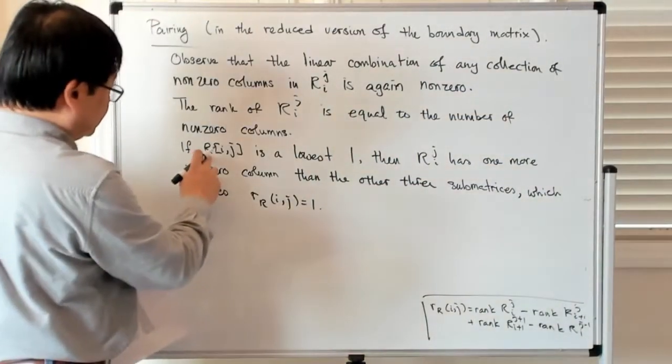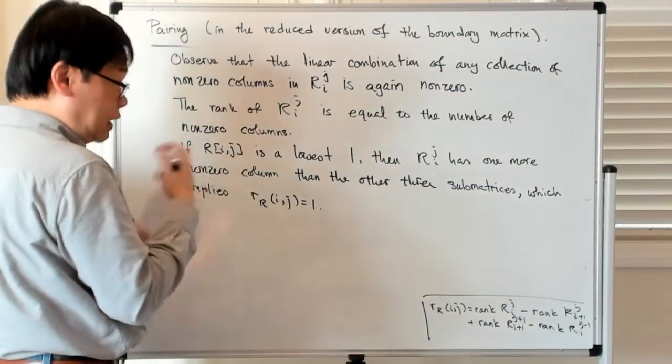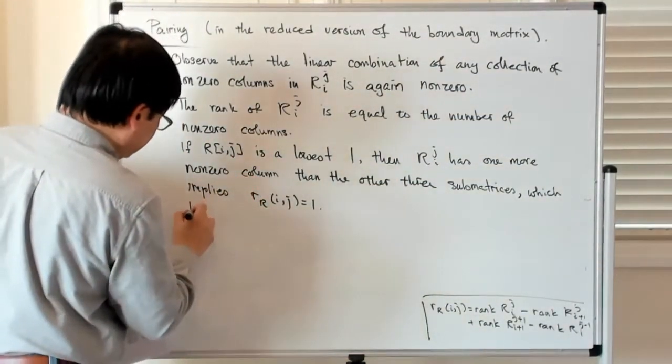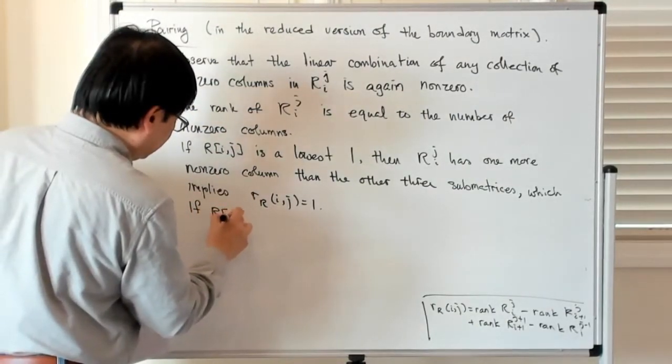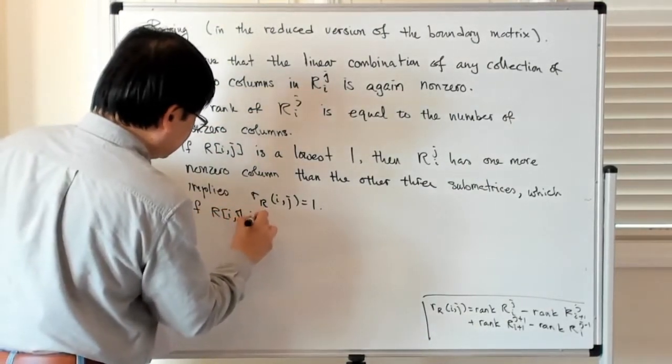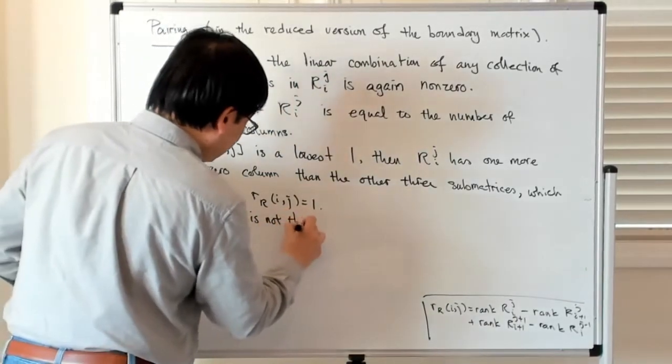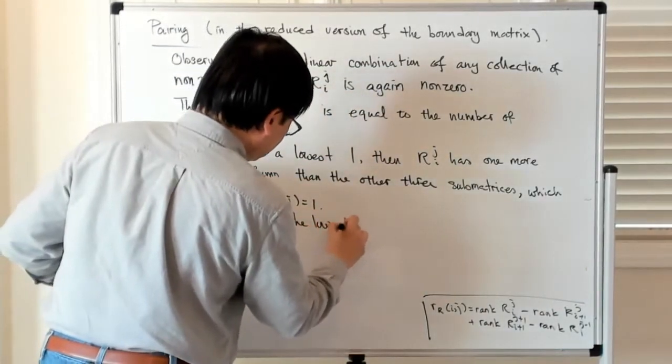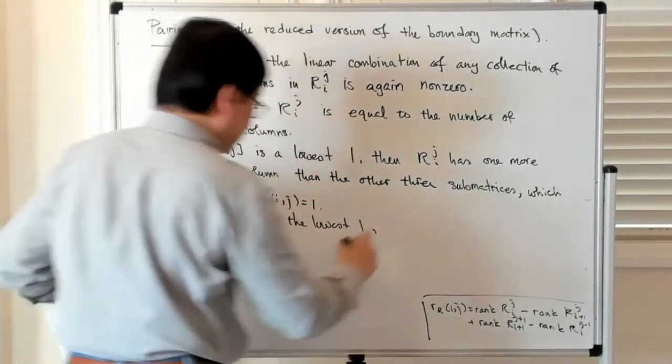Then the other case is when R_ij is not the lowest one. If R_ij is not the lowest one, then there are two possibilities.